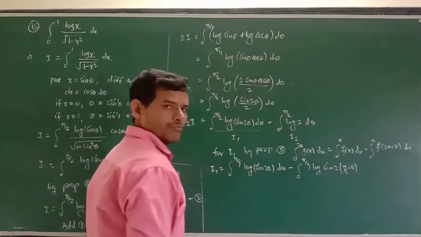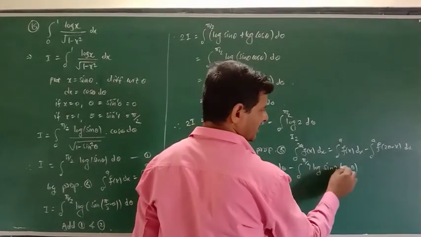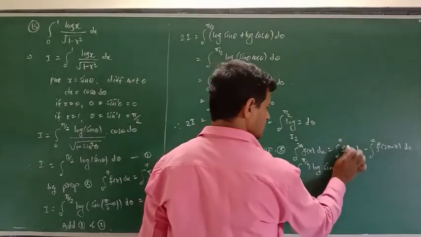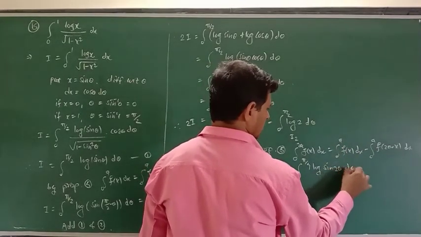Multiplying 2 inside, we get pi minus 2 theta, which is sin 2 theta d theta.